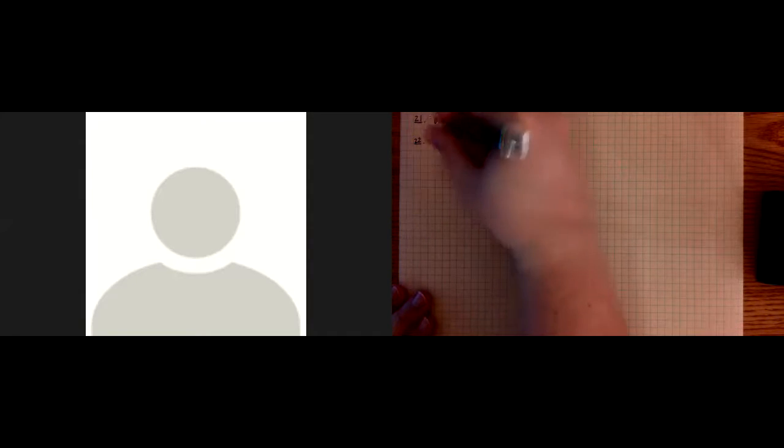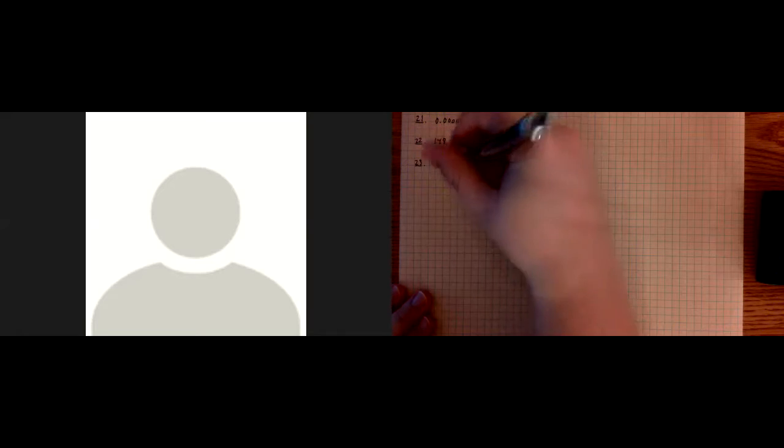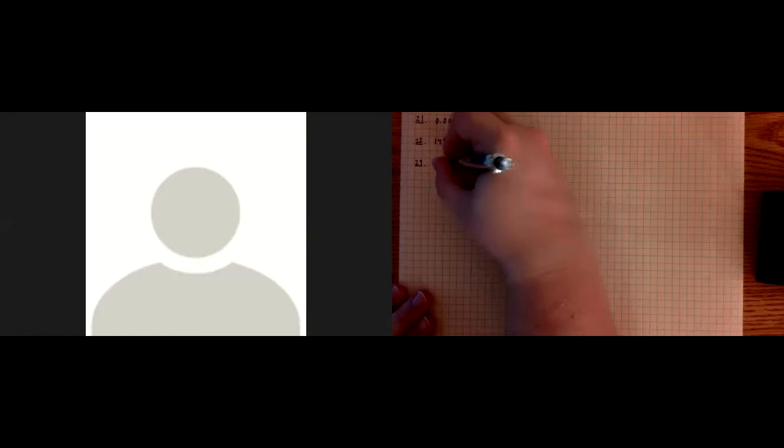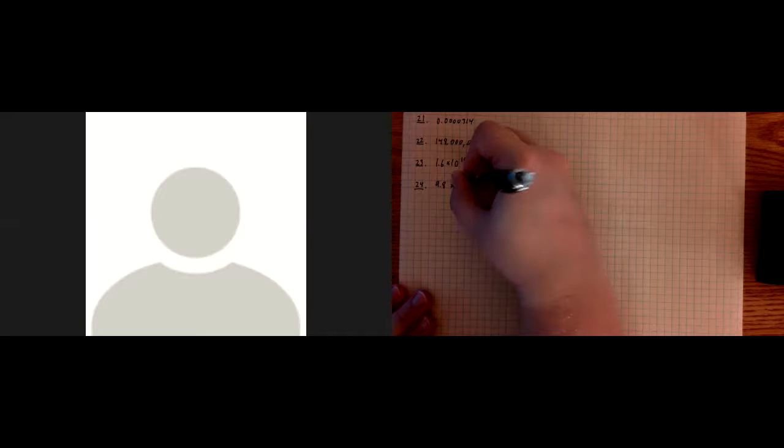Our original number is 0.1234314. 22. Our number is 148,000,000. 23 was 1.6 times 10 to the 10th. 24 was 9.8 times 10 to the negative 9th.